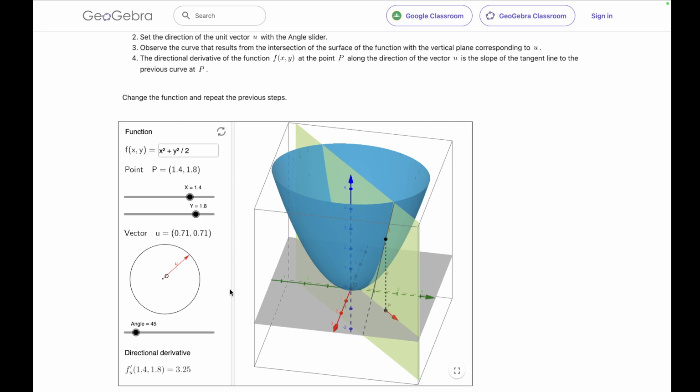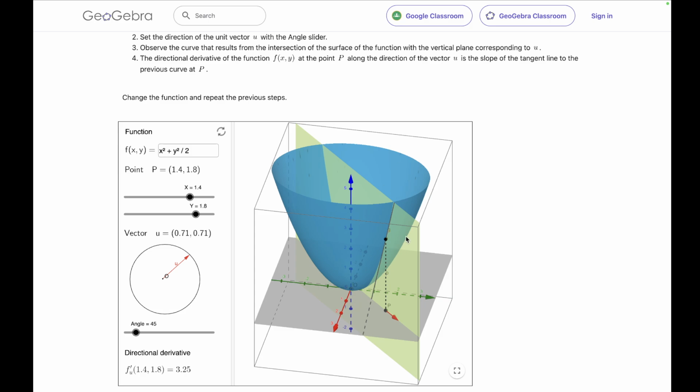This u vector is made with the positive x-axis in the anticlockwise sense. This is the 45-degree angle. So this is the plane and this is the surface. This plane cuts the surface along this curve, and for this point P, we draw this projection on the curve, and we draw a tangent line on this surface.